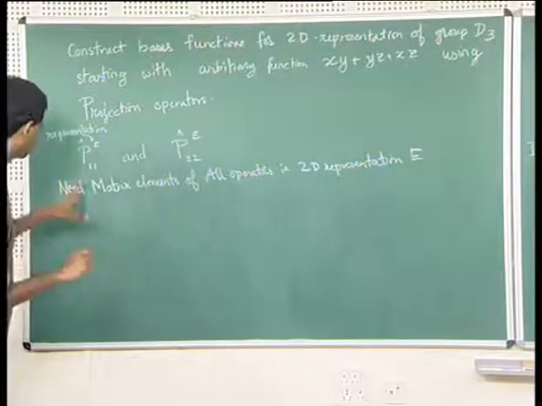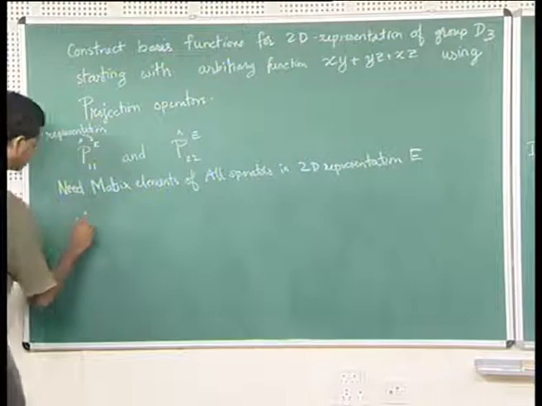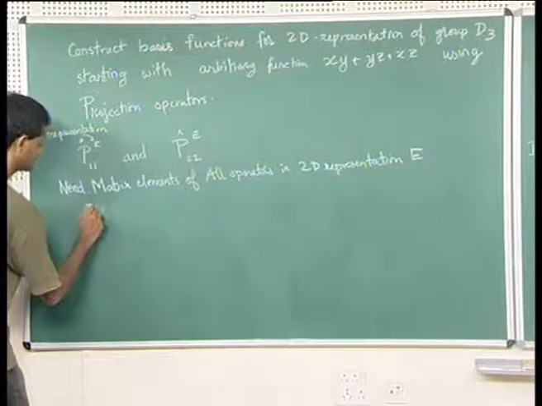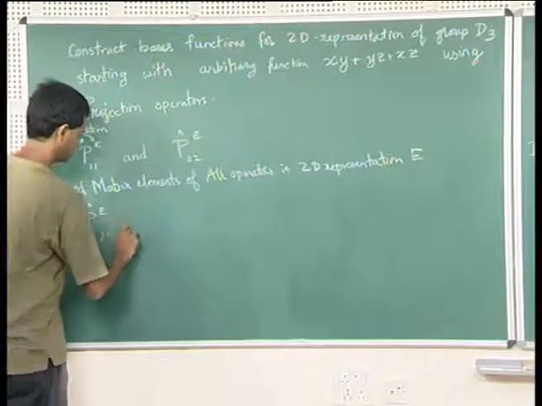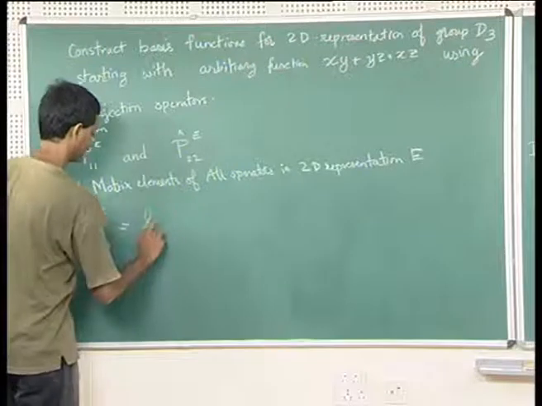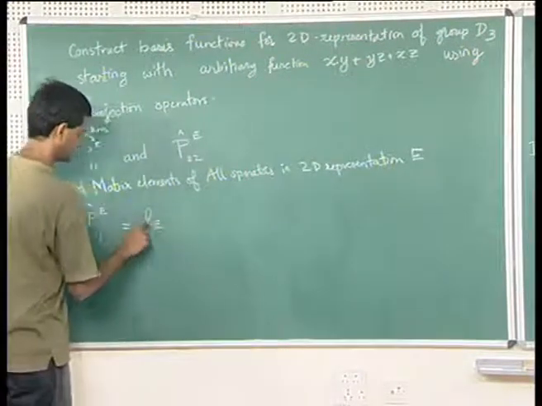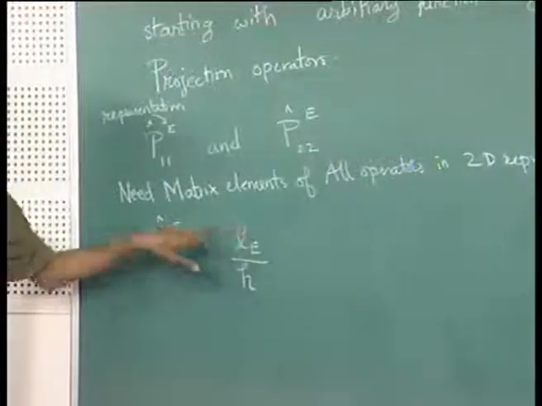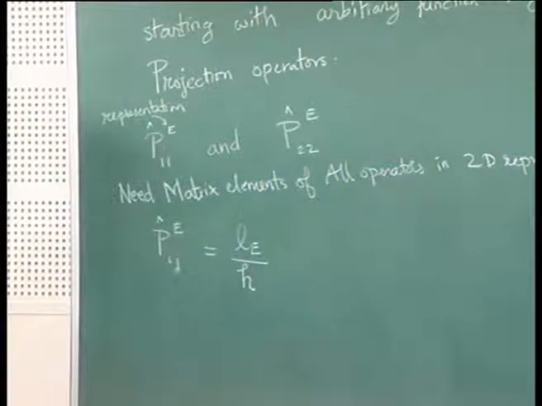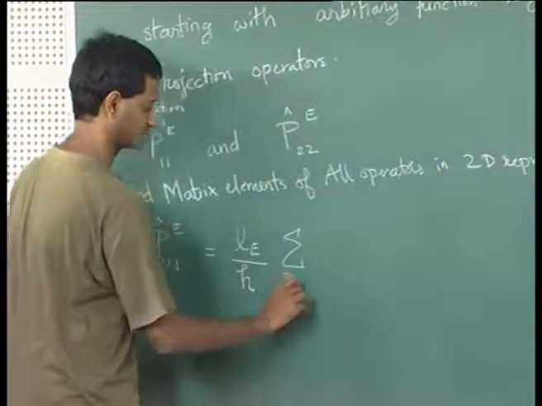So the way to construct the projection operator, and let's remind ourselves. If we want P E I J, then we calculate this by L of E, that is the dimension of E, divided by H. So for any representation, the dimension of that representation divided by H. And then what you have is the sum over all operations of the group.